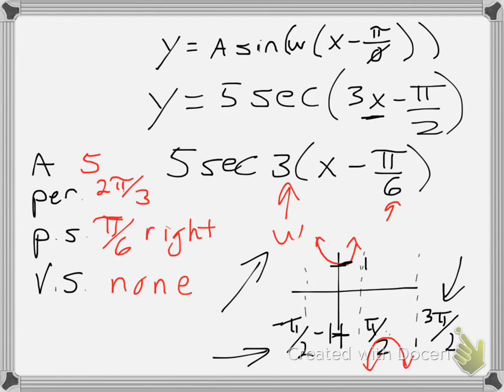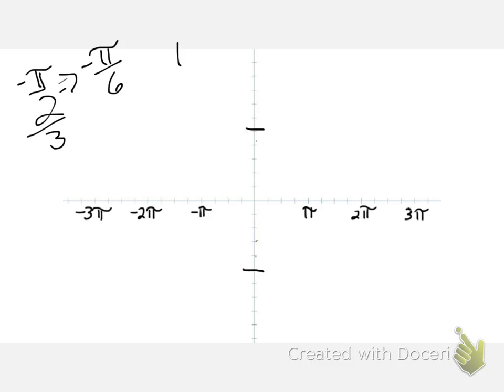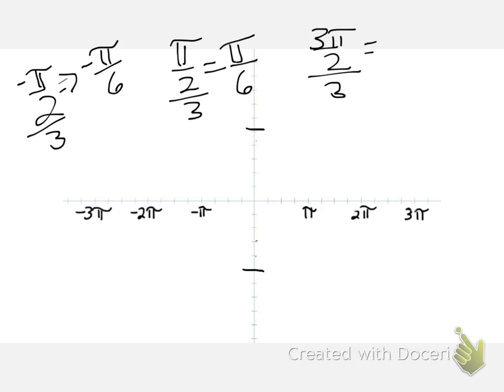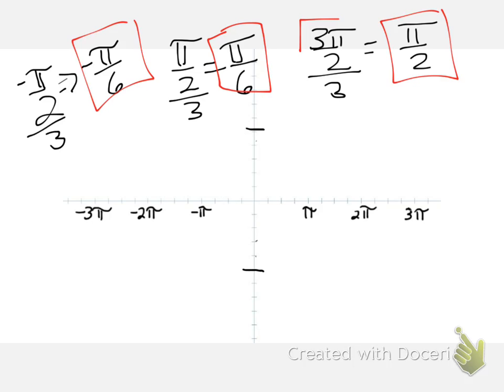Likewise, pi over 2 divided by 3, again 3 is my w, gives me positive pi over 6. And lastly, my 3 pi over 2 divided by 3 gives me pi over 2. So here are my new asymptotes.